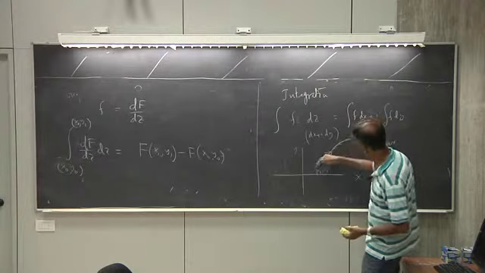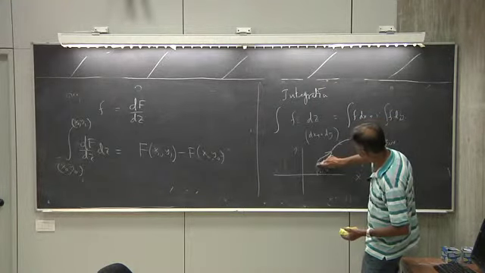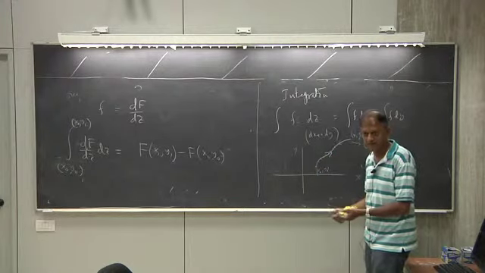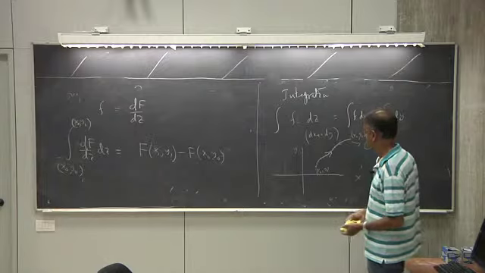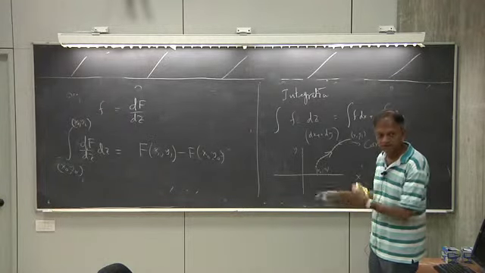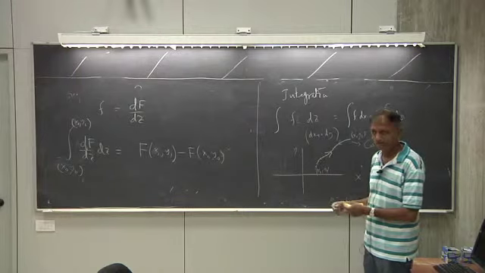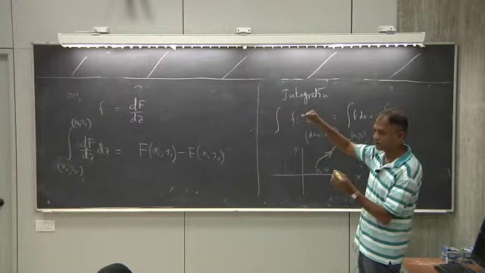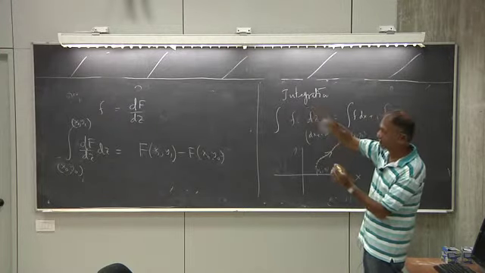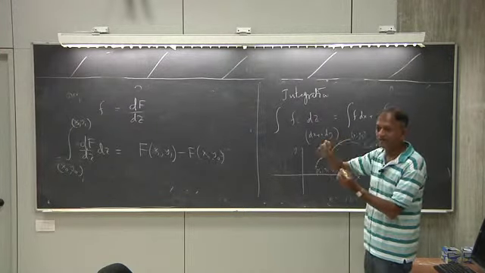But if you're doing it this way, you're doing this minus that. So it's a minus of the previous result. That's an important point to remember. We'll use it many times. So if you have an integral over a contour this way, you get something, right? But if you do it the other way, you will get minus of the previous result.